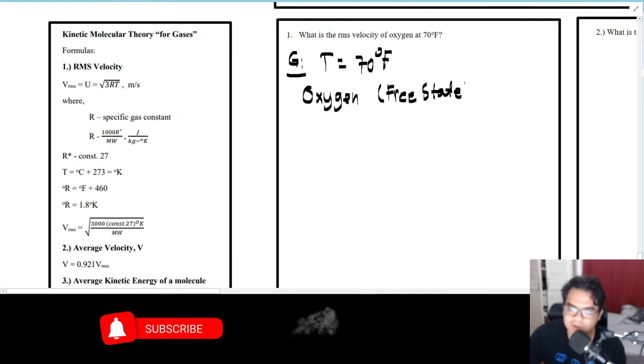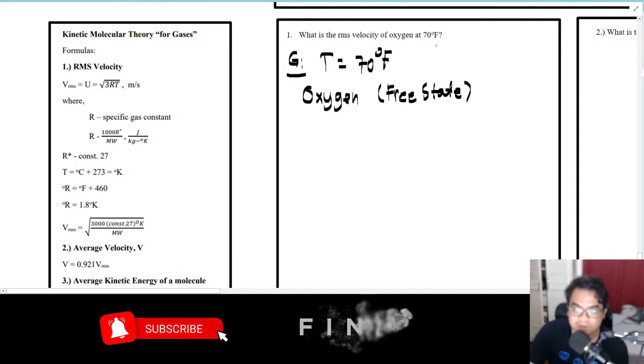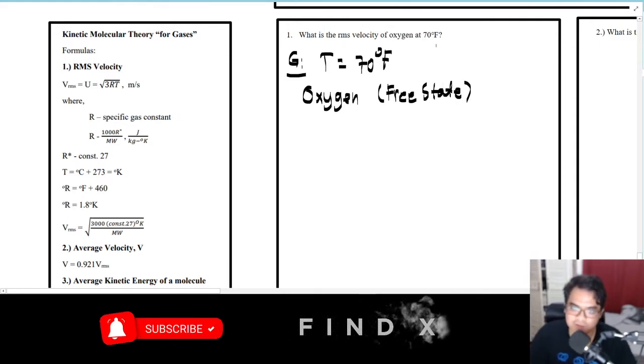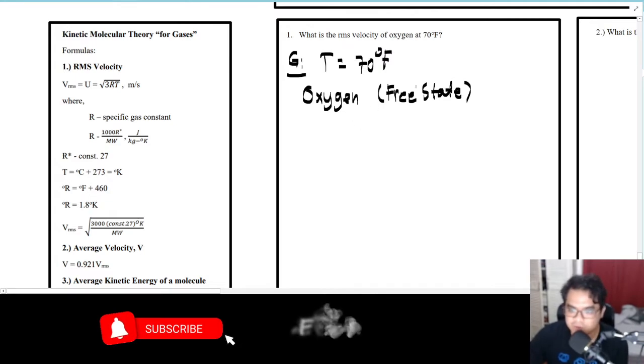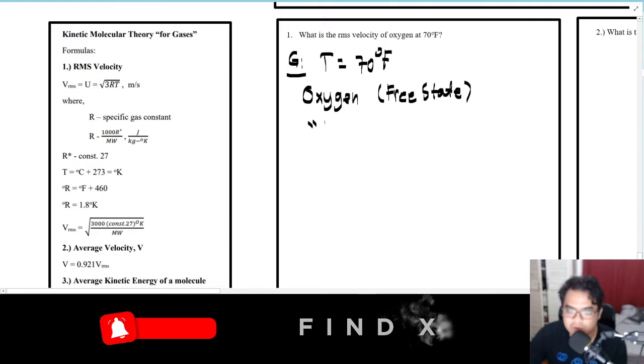What do you mean by free state? Free state means that this oxygen is not associated with any other elements, there's no activity on it. Therefore this oxygen is in free state, and you have to consider that oxygen is a diatomic element.